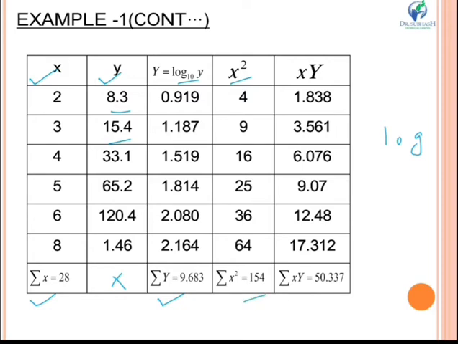Now I will multiply small x and capital Y. Just take care that you don't multiply small x and small y. Here in our equation we need small x and capital Y. So I will multiply only those terms, and the summation of xY is 50.337.